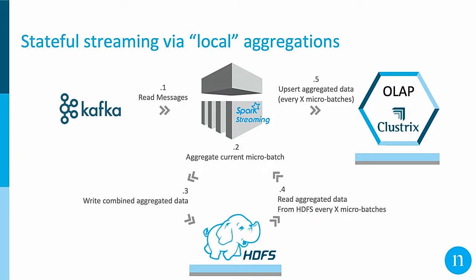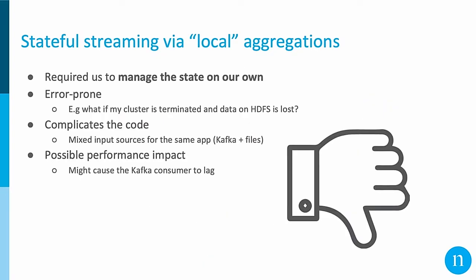This worked for stateful streaming applications, and we called it the way to do local aggregation, so to speak, because we used local HDFS in order to store the state. So what was wrong with that? Because obviously that wasn't ideal. The main issue was it required us to manage the state on our own using the local HDFS that I mentioned.